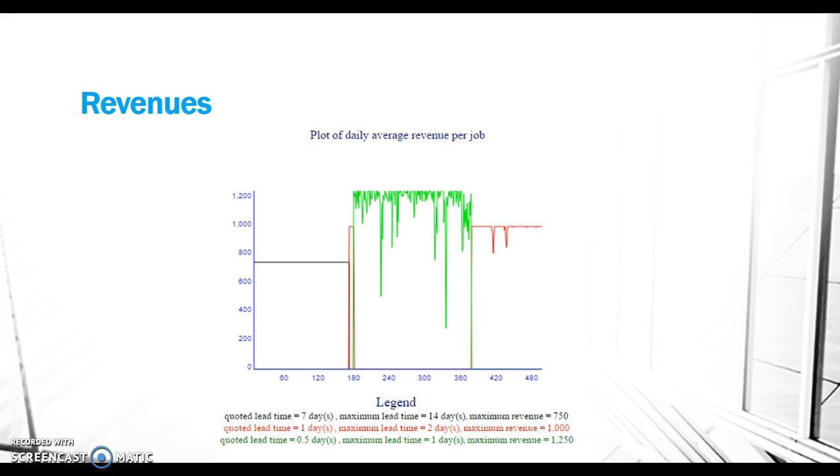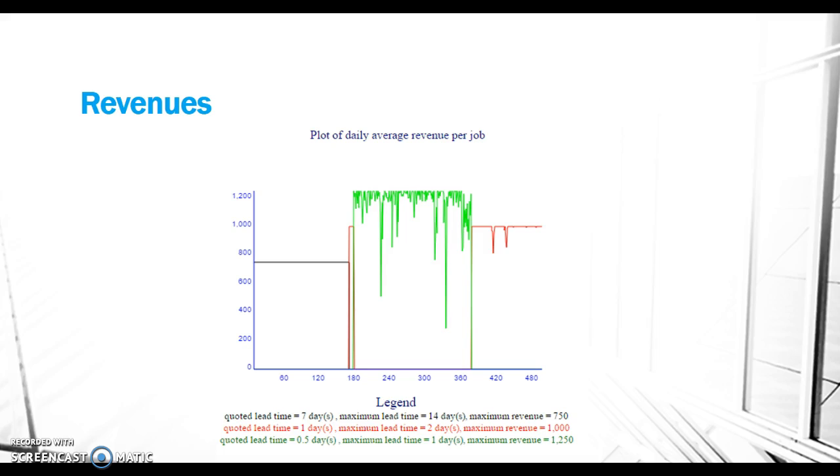So here's a plot of our daily revenues. The black plot is for contract 1, which was a 7-day lead time with a maximum of 14 days. It unfortunately gave us a revenue of about $750 per job. When we got machines 1 and 3, purchased on days 152 and 156, we saw we could be a bit more aggressive, especially considering that we started a little later.